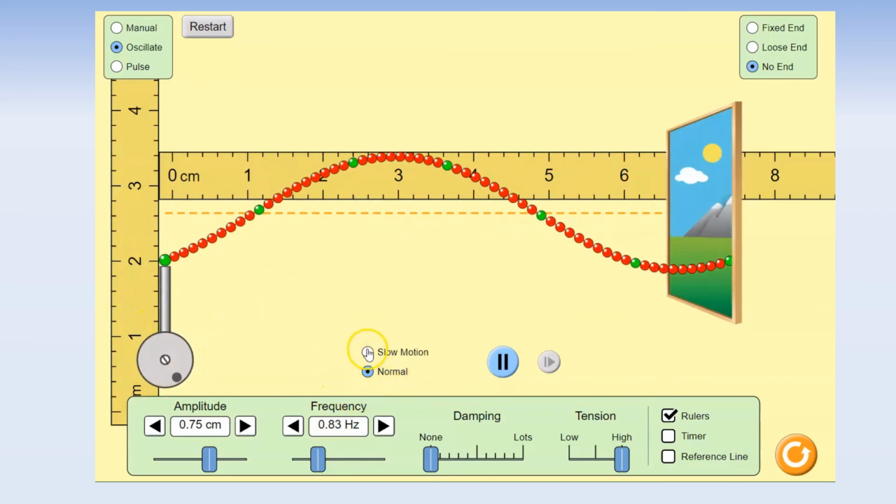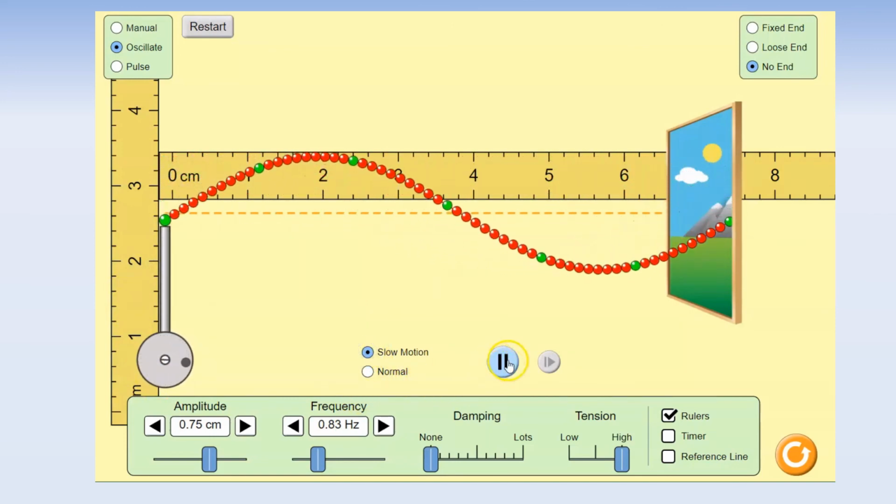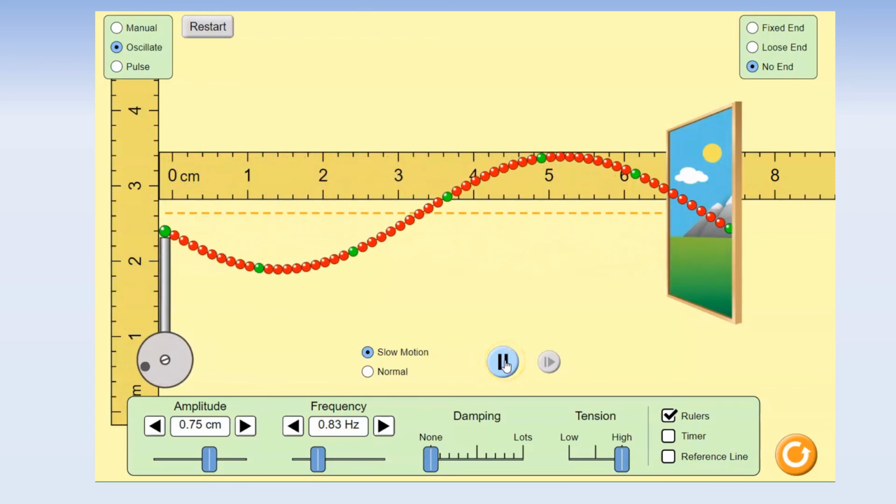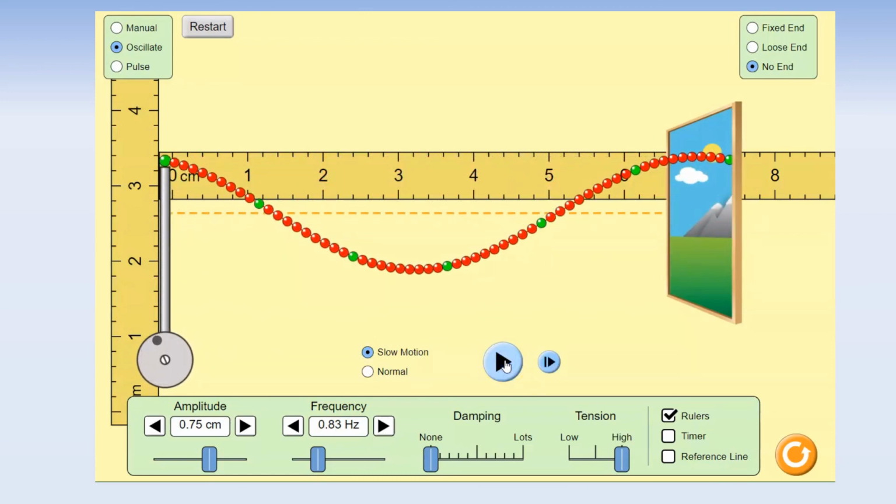We're going to put it in the slow motion mode, and I'm going to pause it, and we're going to measure the wavelength, and it looks like it's about 7 centimeters long. That's when the frequency of the wave is about 0.83 hertz. So you can visually take a look at the wavelength as well.